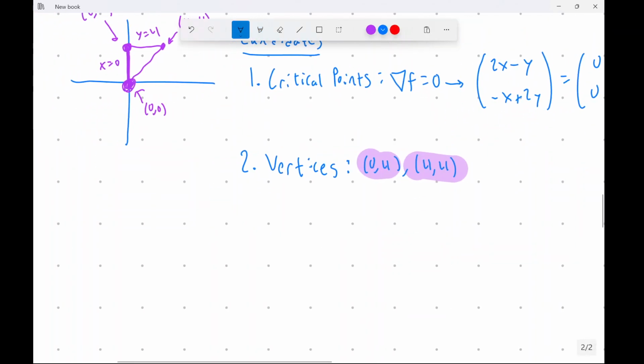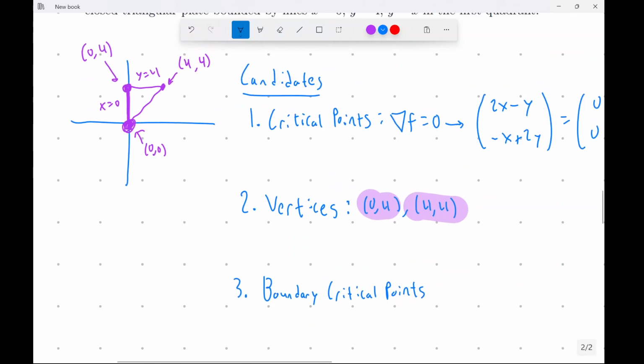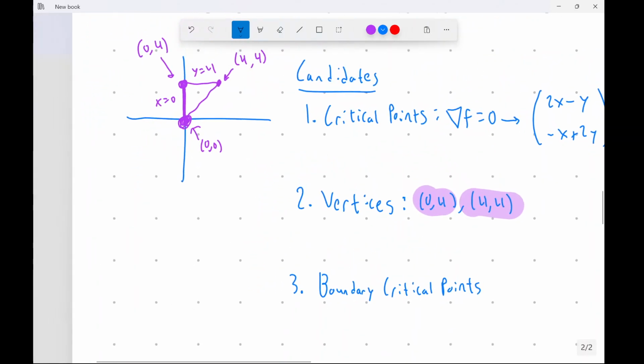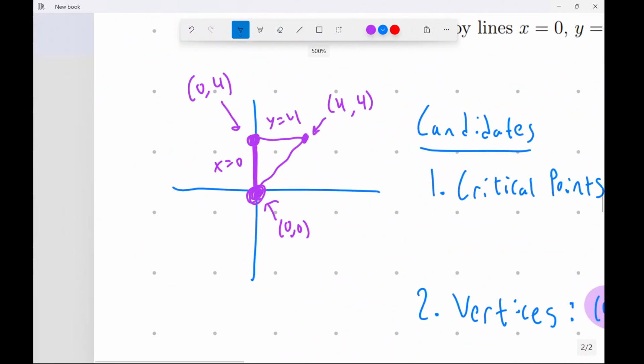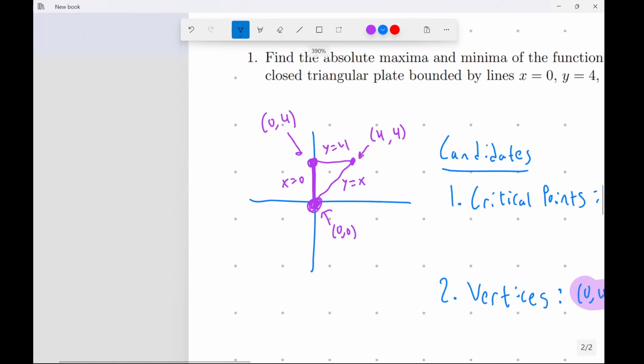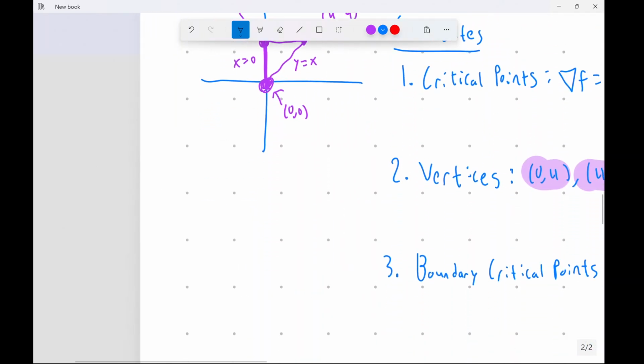Okay, the third type of candidate, which is the hardest, is what I call boundary critical points. And these are not critical points of f, but they are critical points of f when we plug in our boundary. And so what I mean by that, our 3 boundary components here, these 3 edges, are x equals 0, y equals 4, and y equals x.